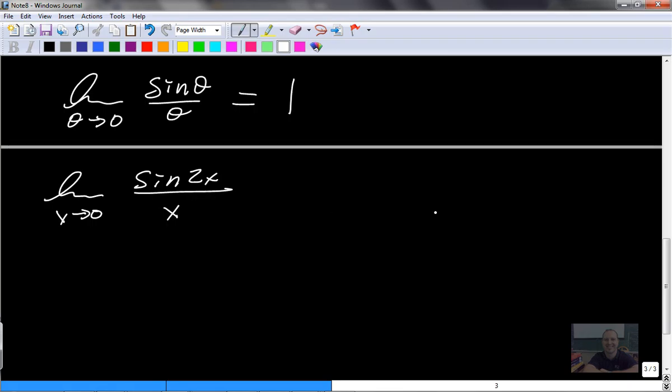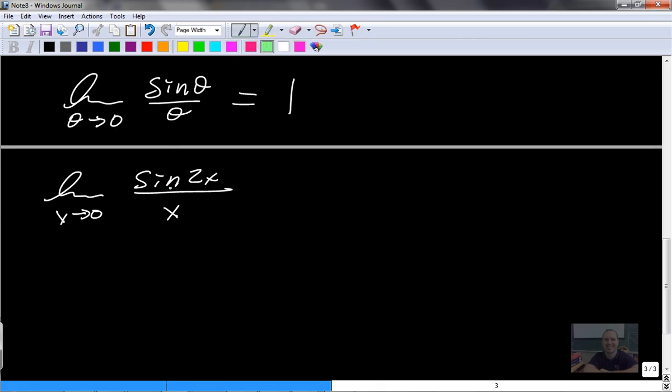Now that's different, right? This is a theta, but that's half of that theta. Here's theta, that's double the theta, however we want to look at it. This is not the same case here, so it's not 1. But we can use this fact, and we've done this before.